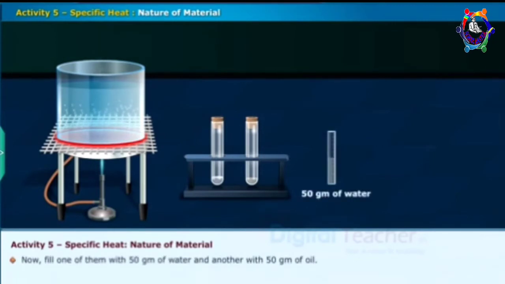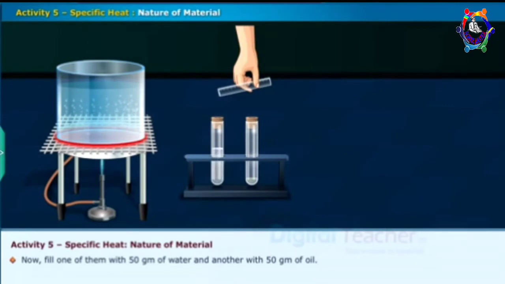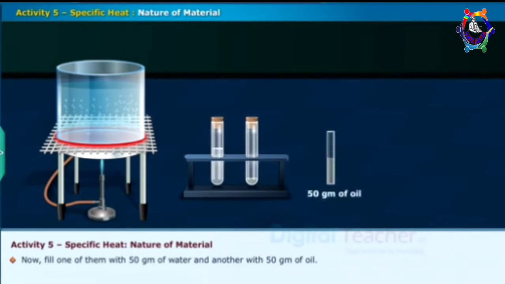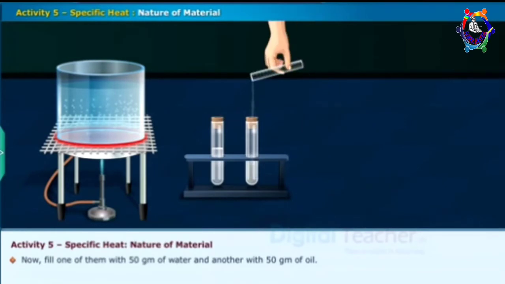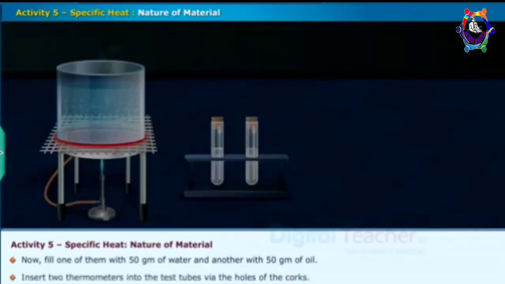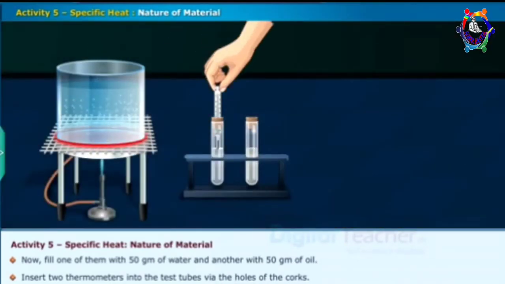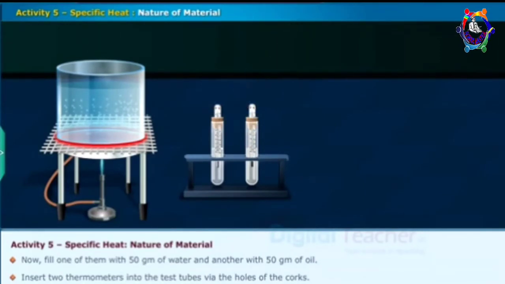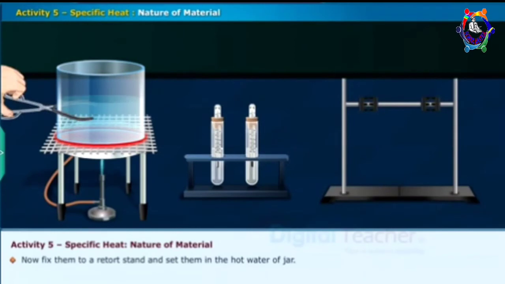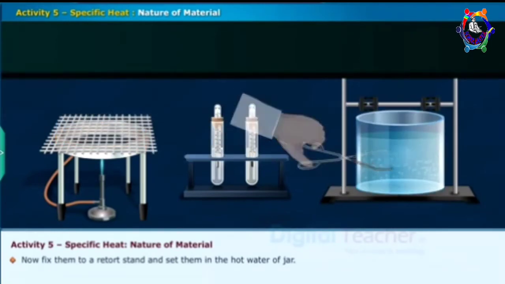Now fill one of them with 50 grams of water and another with 50 grams of oil. Insert two thermometers into the test tubes via the holes of the corks. Now fix them to a retort stand and set them in the hot water of jar.